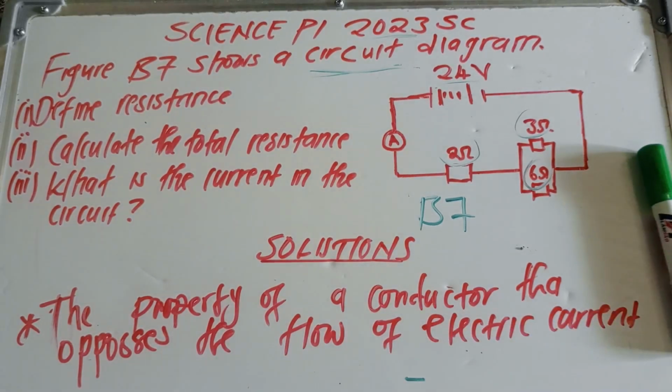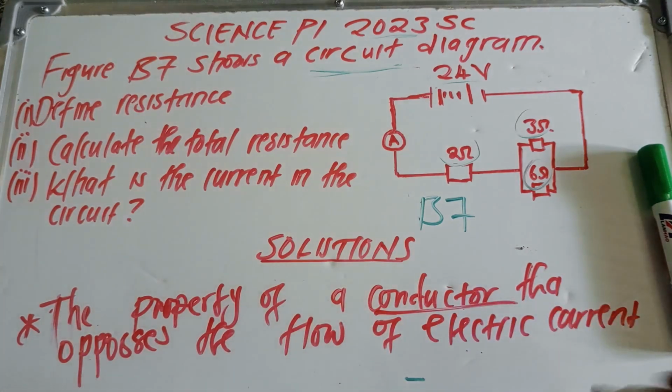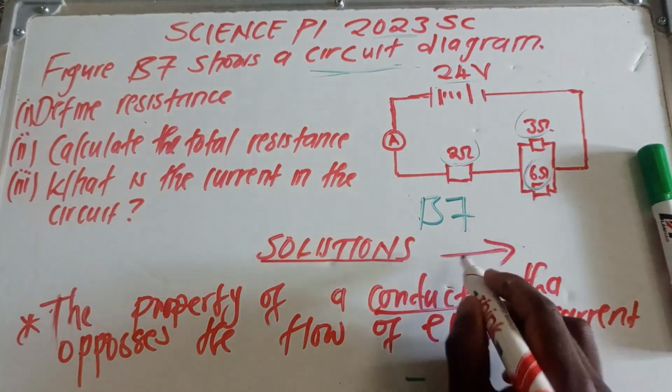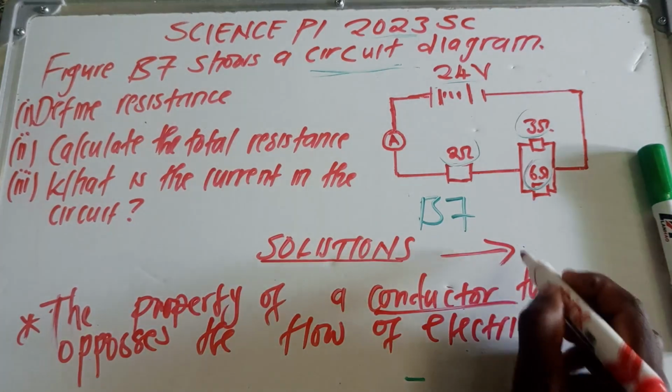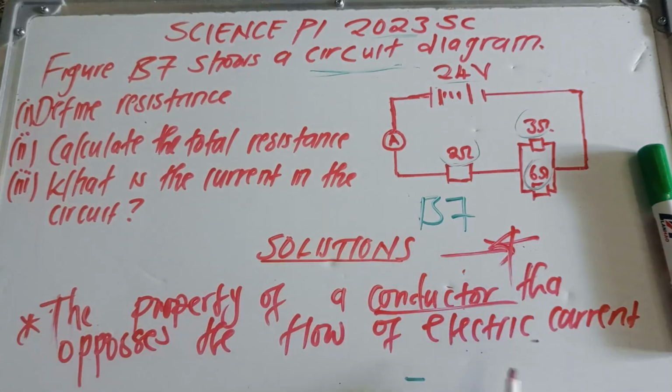So this is a proper definition of resistance. When we talk of resistance, we're just talking about the property of a conductor. If you have a conductor, then that conductor has a certain property which opposes the flow of electric current. So, for example, if this is the direction of electric current, then this property tends to oppose some of the electric current.